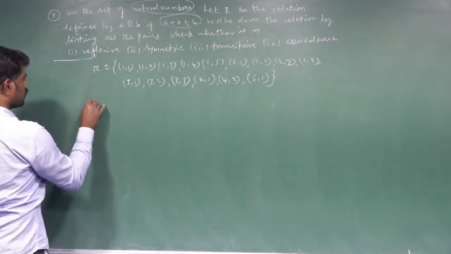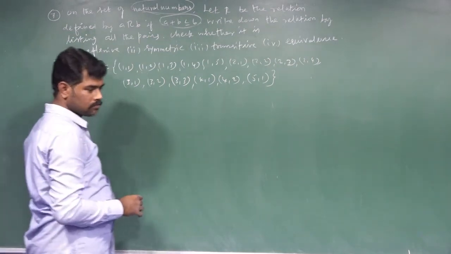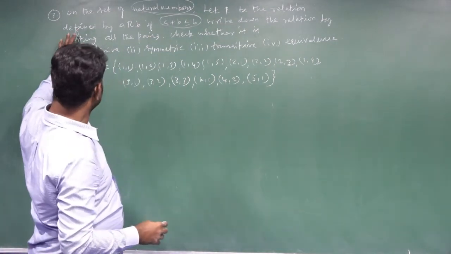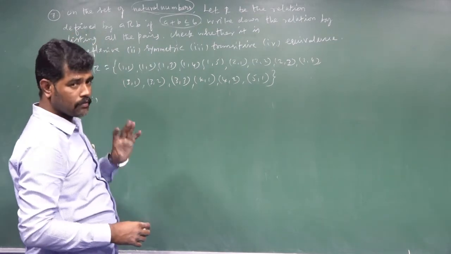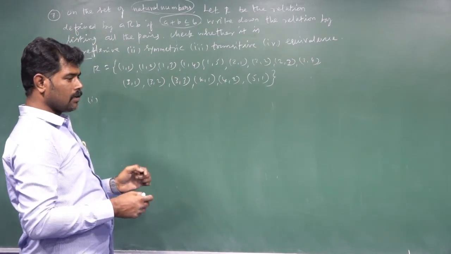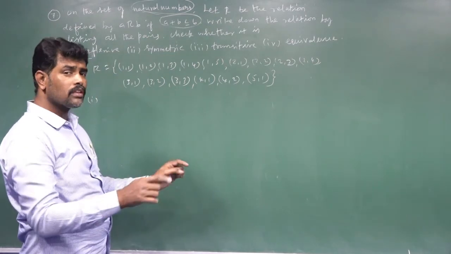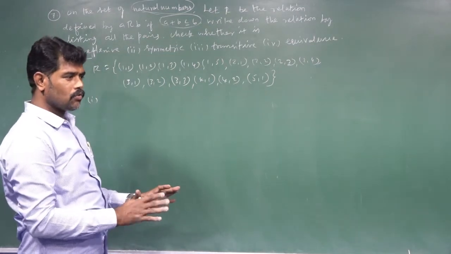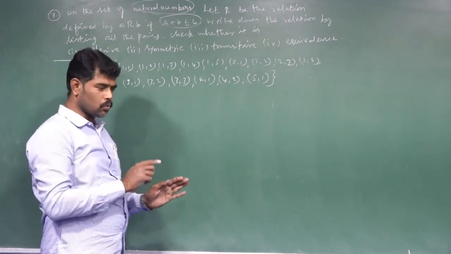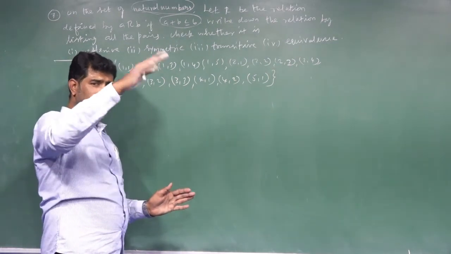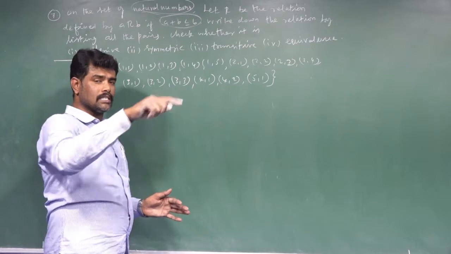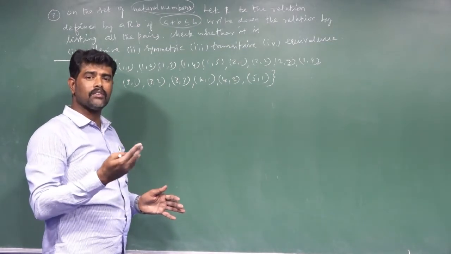Right. So first we want to verify whether it is reflexive or not. Here, from the set to the set, both are the natural number set. What are the elements in natural numbers? 1, 2, 3, 4, 5 up to infinity. For all these numbers, how can you verify reflexive?